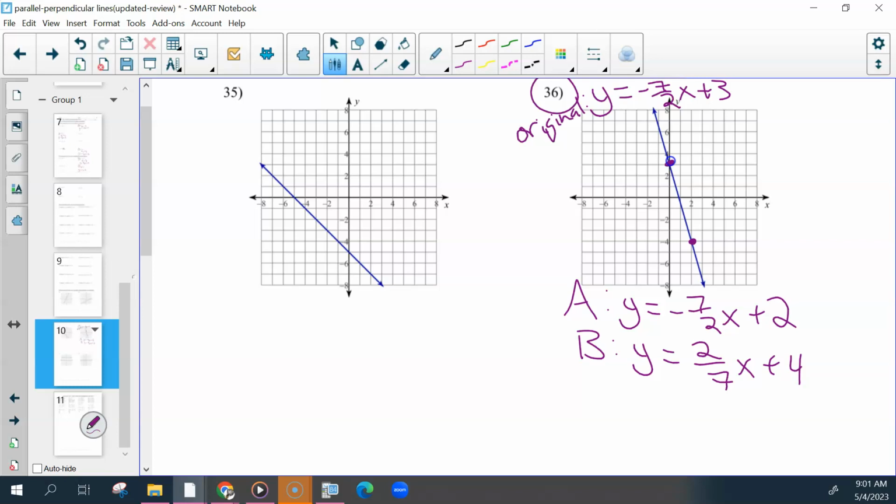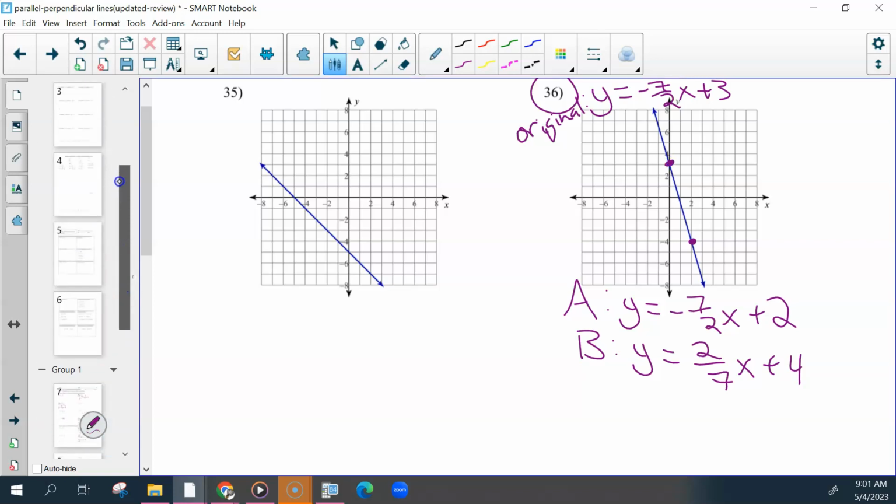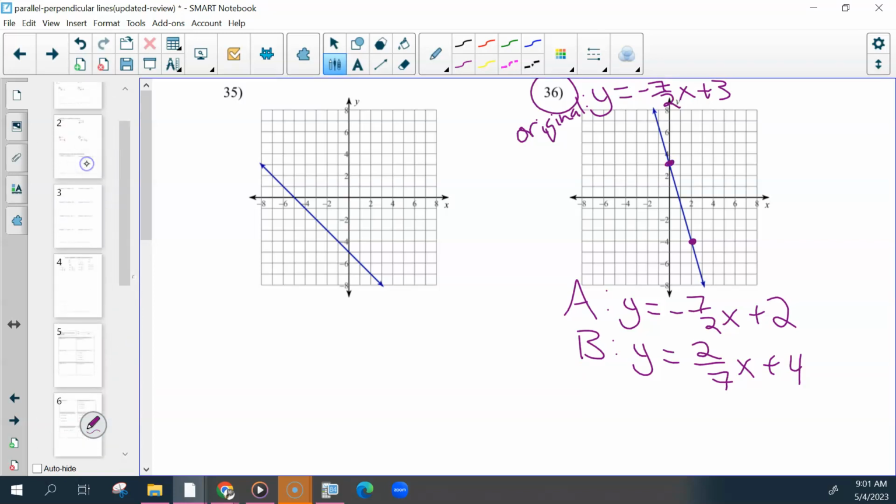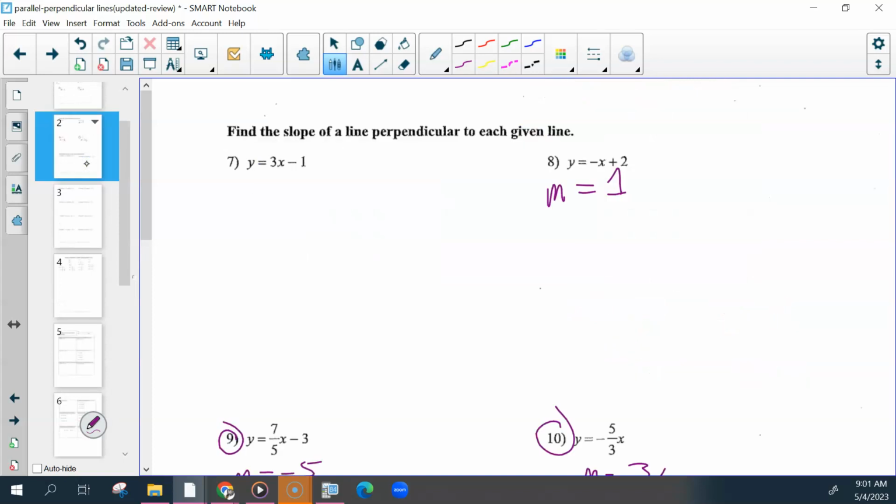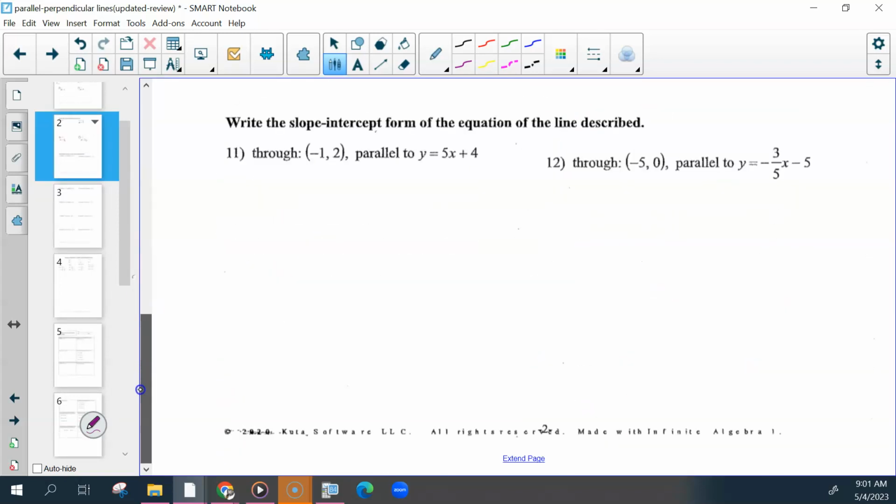Those were all the easier examples. That's why I wanted to do those first. Go back to the first set of notes. And then look through this section. It goes onto the back page. Are there any of those we want to see you go over for review? 11. Okay.